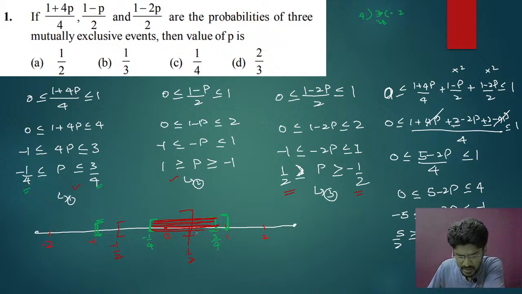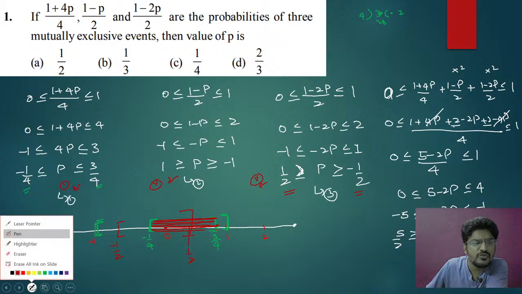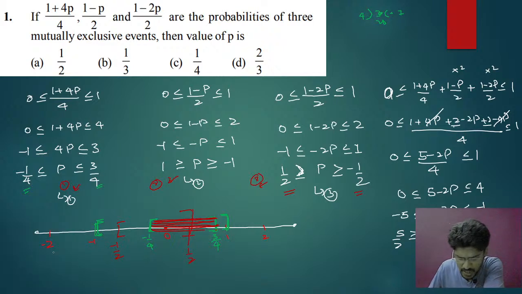Now if you take the intersection with the third one, this is the third one, this is the second one, and this is the first one. This part is going to be the intersection, that is from -1/4 to 1/2.